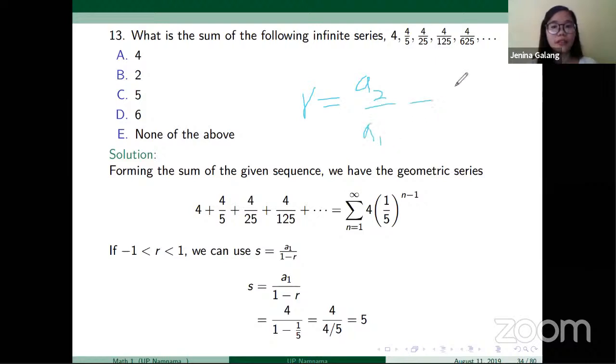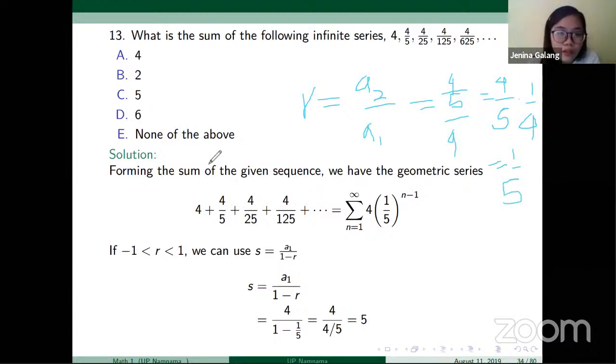So here we have 4 over 5 over 4, which is equal to 4 over 5 times 1/4. And the common ratio is equal to 1 over 5. So yung common ratio natin is 1 over 5.